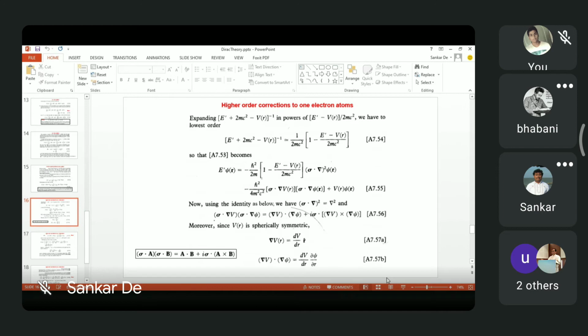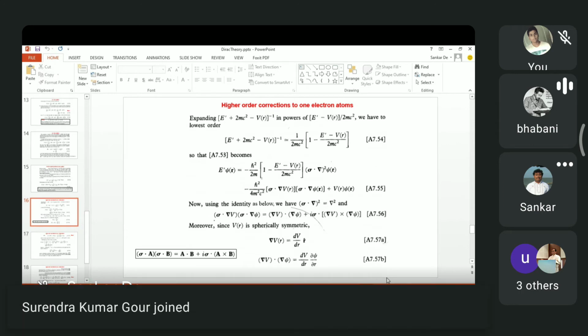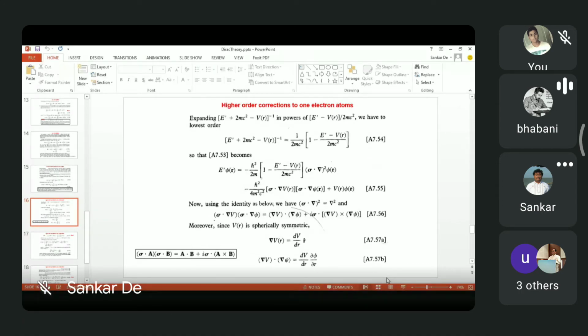So this c square cancels: minus s cross square by 2m sigma dot delta square, 1 minus e prime minus v of r by 2mc square psi of r plus vr psi of r.